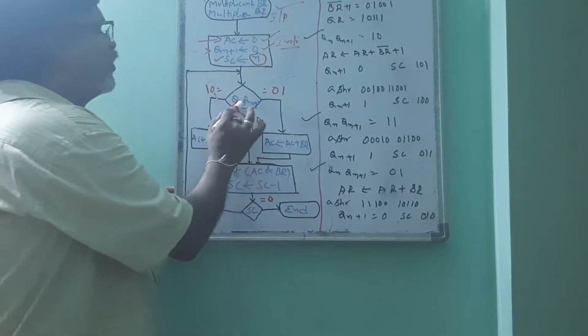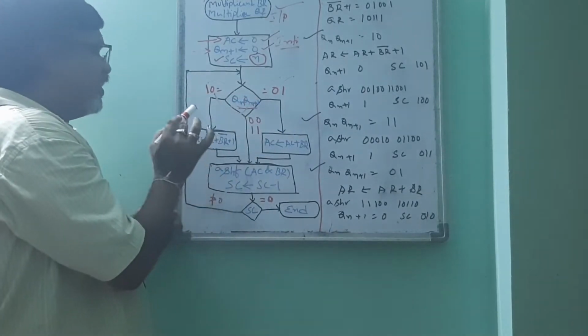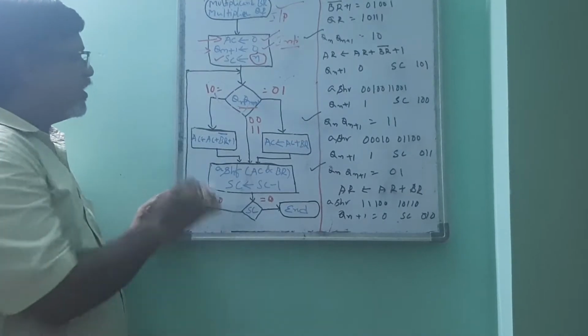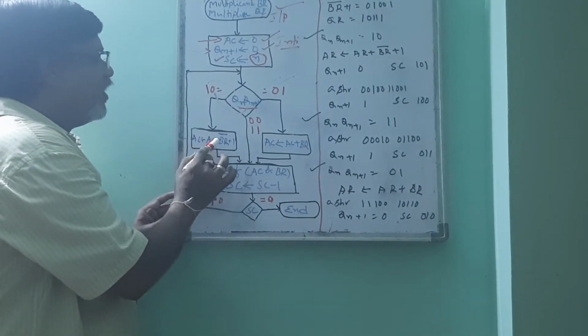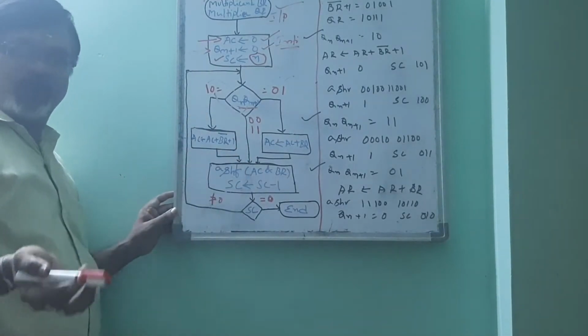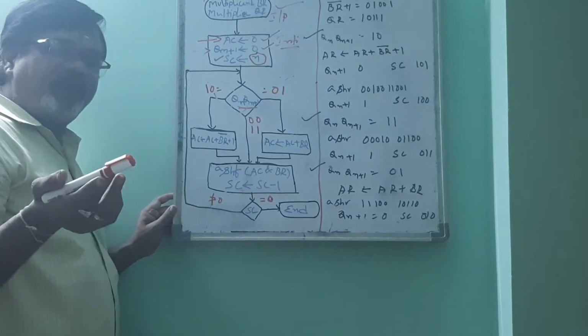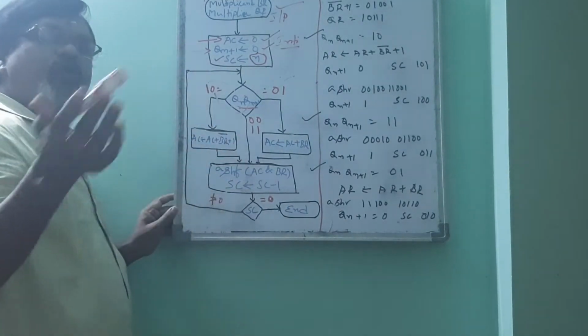Else, if the Qn and Qn plus 1 value is 1, 0, what are we doing here? Here also we are performing addition, but addition of what? AC is added with BR bar plus 1. What do we mean by BR bar? BR is the original number, BR bar is the 1's complement, and by adding 1 we get the 2's complement.